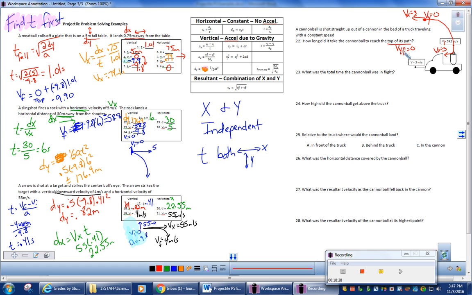We have our initial y velocity, and how long, that's a time. So looking at my equations, I have a final velocity, an initial velocity. Of course, I know acceleration due to gravity, so I can calculate the time. My time is my final minus my initial divided by the acceleration of gravity. 0 minus our initial, 39.2, divided by our acceleration of gravity, negative 9.8. Take a second, do your calculator work.